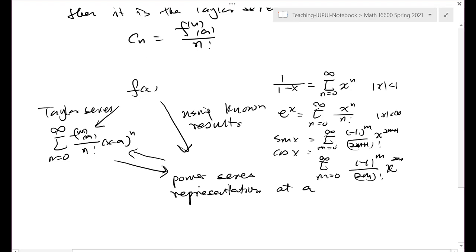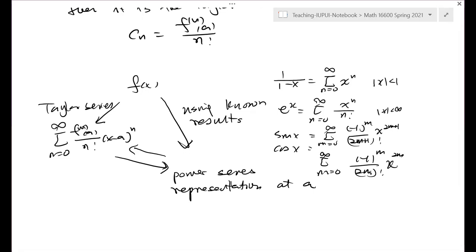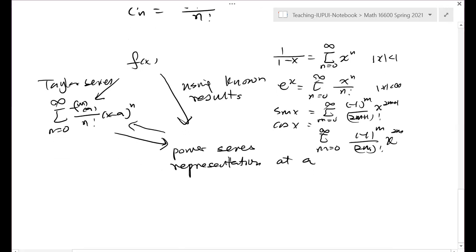That's how we got e to the x, sine x, and cosine x. So this is a picture I want you to memorize, and you decide which way to go depending on what kind of question you are asked. For either kind of question, you have two possible ways to go.